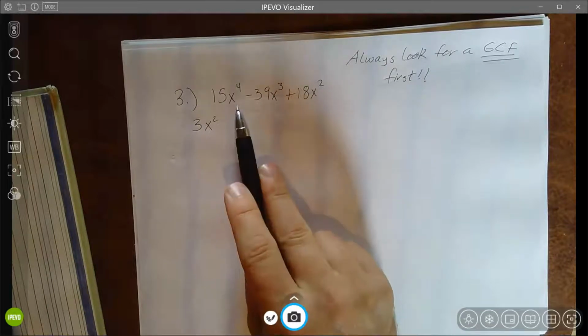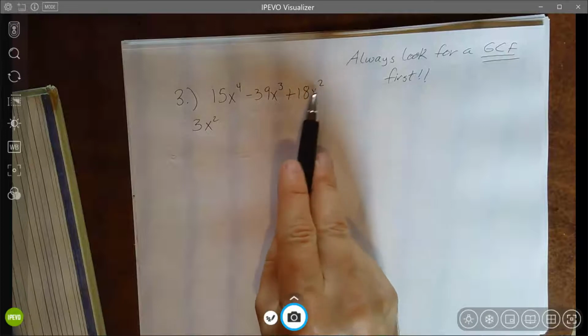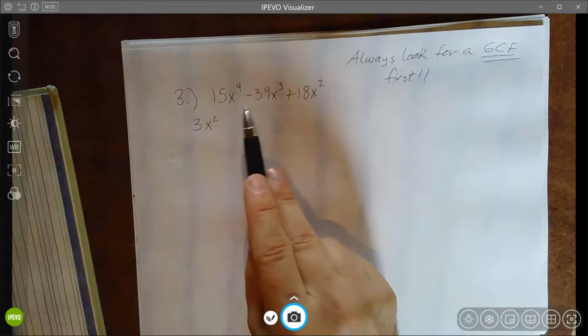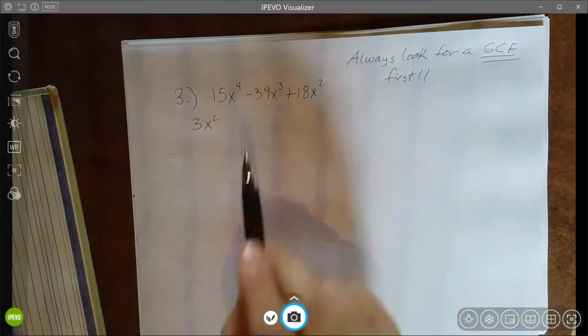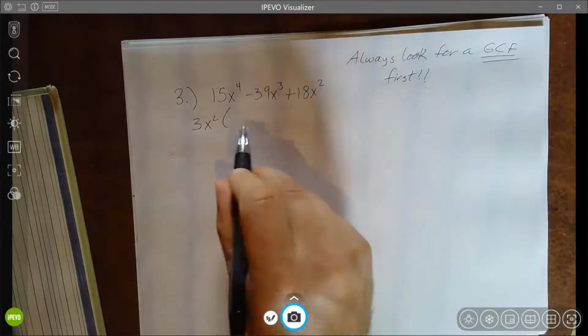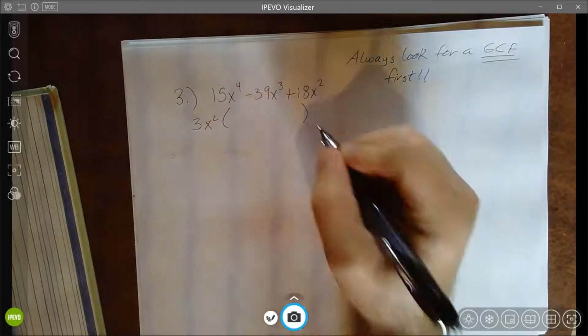If you have variables of differing exponents, you can always take the lowest exponent variable out of all the terms. So if you have an x to the 4th, an x to the 3rd, and an x to the 2nd, I can take an x to the 2nd out of all 3. All right, now I'm going to put what is left when I divide this 3x squared out of all 3 terms. I'm putting what's left in this parentheses.